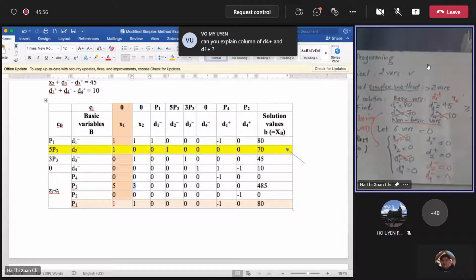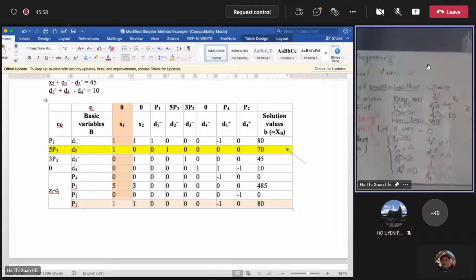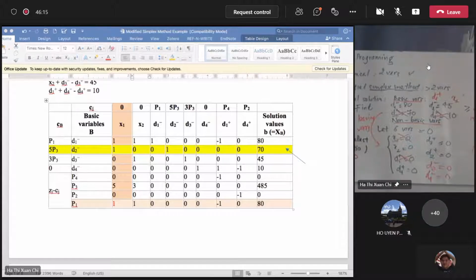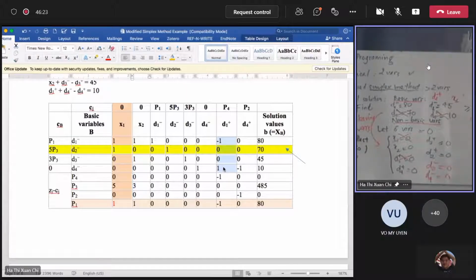Can you explain the column D4 plus and D1 plus? It means explain in Cj minus Zj minus Cj. Vin? Yes. Okay. So here you take, that is you have minus.